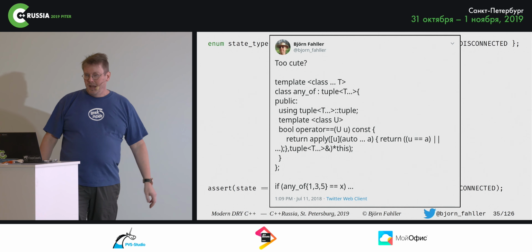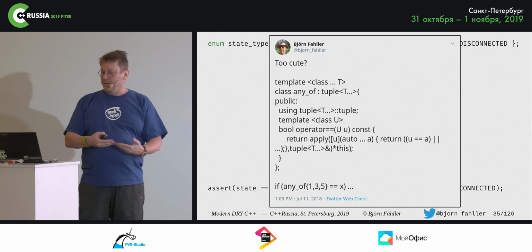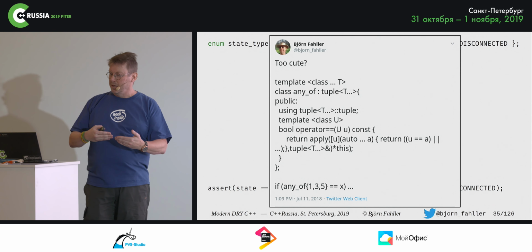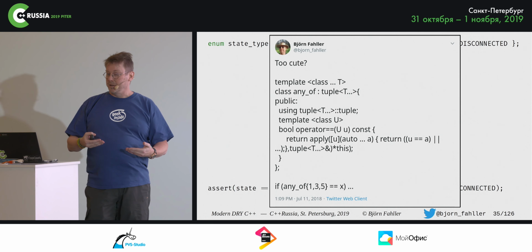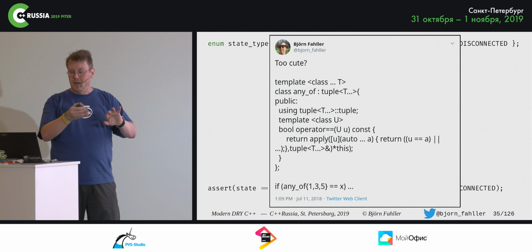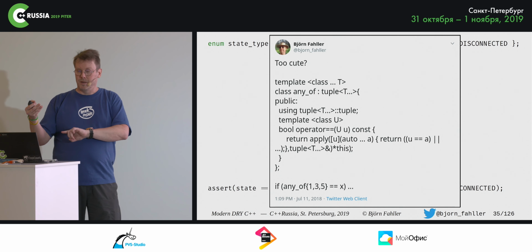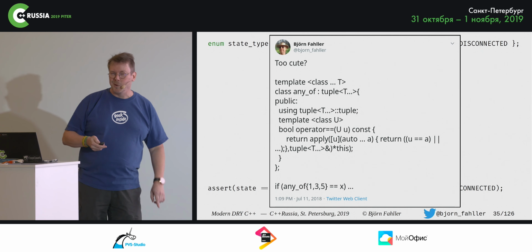So we have a class any_of that is a tuple, and it has an operator equals that returns the fold expression that you've seen. So at the bottom you can see is any_of 1, 3, 5 equal x. Yoda, but it's kind of cool.